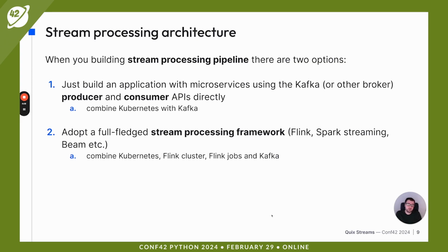When you do that, you're basically combining Kafka with some microservice orchestration, like Kubernetes, by yourself. The second is to opt for a full-fledged stream processing framework, like Flink or Spark. At that moment, you're combining Kafka plus Flink or Spark, and you're adding a dimension to your architecture. Let's talk about those two options now.